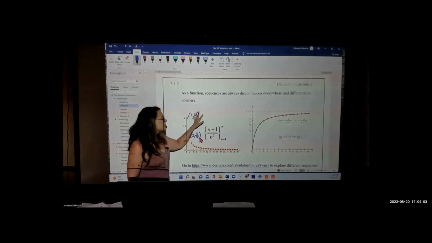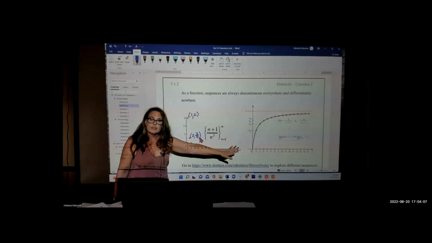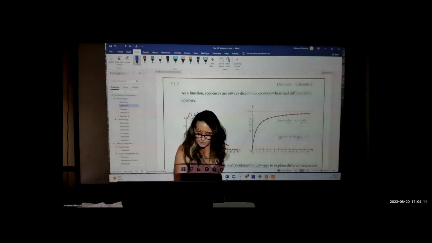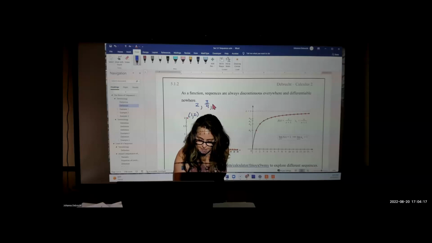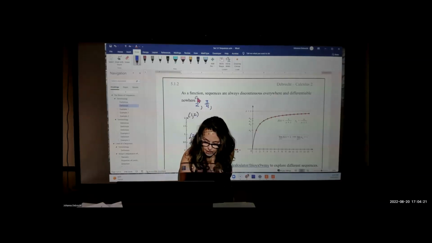Now, if we want to list some of the values on the sequence for either one of these, then we'd have to compute some more. So basically, for the one on the left, I have 2 for the first value, 3/4 for the second value. And for the next one, remember, this is a sub 1. This is a sub 2.